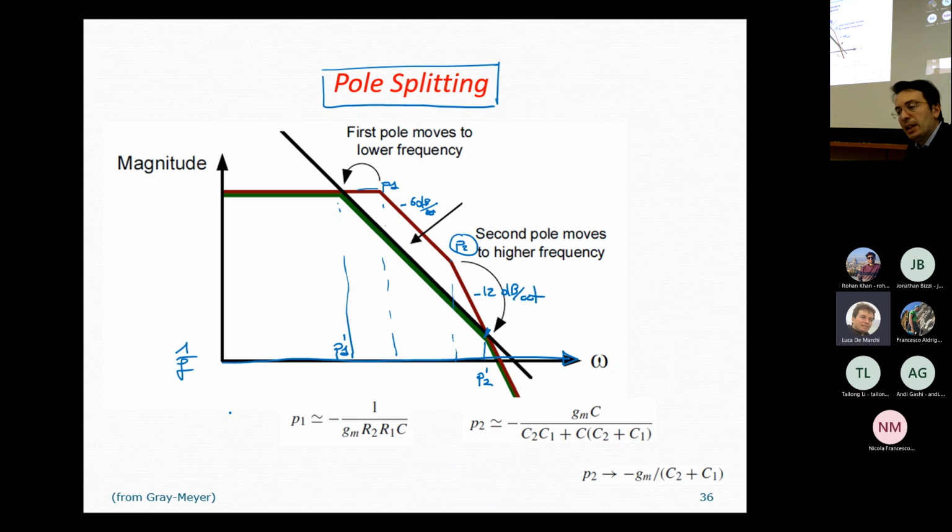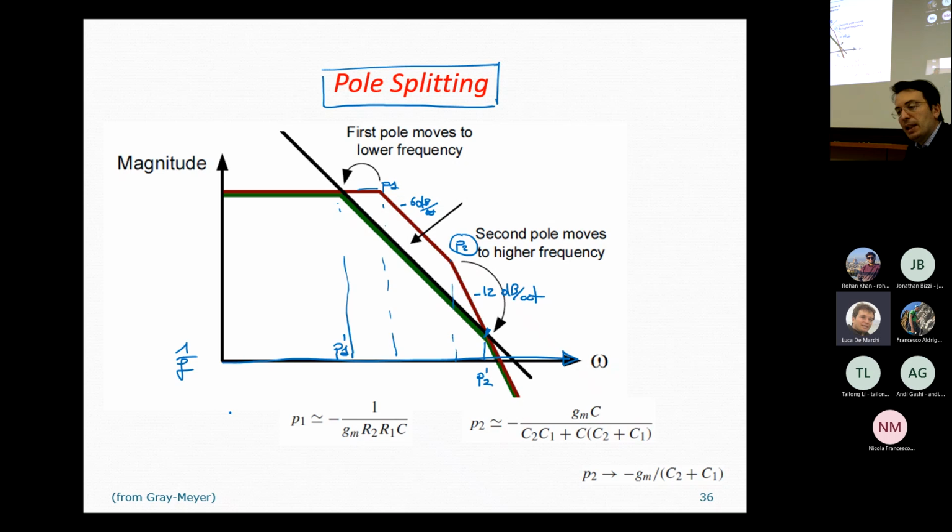So GM6, let's call this quantity 1 over G06 plus G07, the output resistance of the second stage. So GM6 times the output resistance of the second stage, while 1 over G02 plus G04 is the output resistance of the first stage.